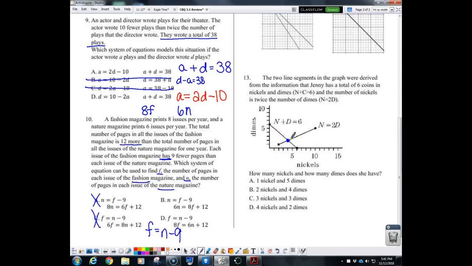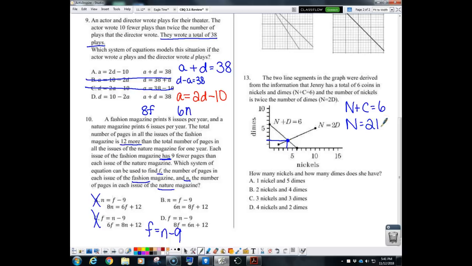So that tells you how many nickels and how many dimes she has, right? If you want to put it into decimals, you can do that as well, right? You have your two equations, N plus C equals 6 and N equals 2D.